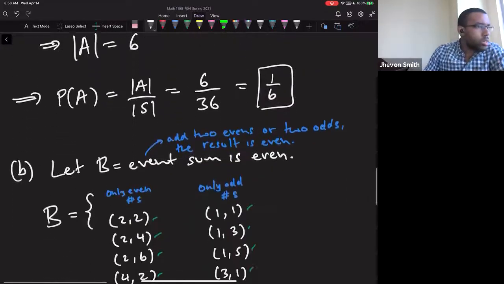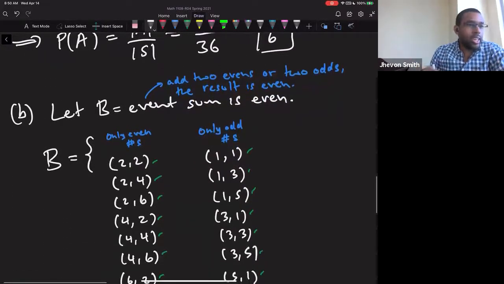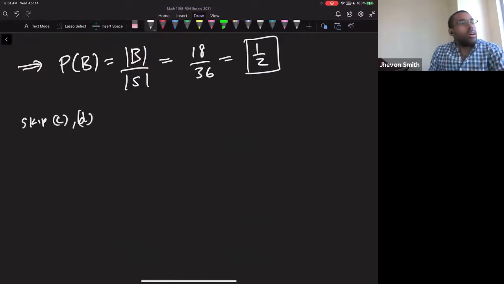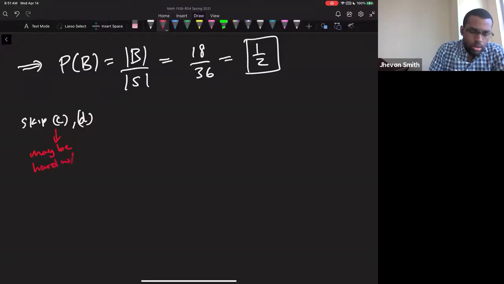And were there only two parts of problem 4? Okay, if you had to guess the sum of blah, blah, blah, we'll skip C and D. But part C would probably be maybe hard with this method, unless you pick up a pattern.